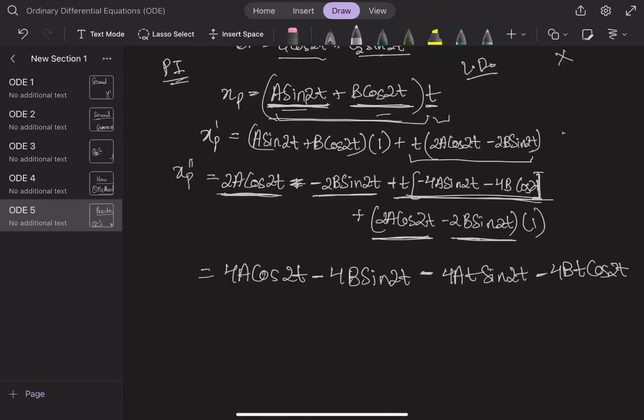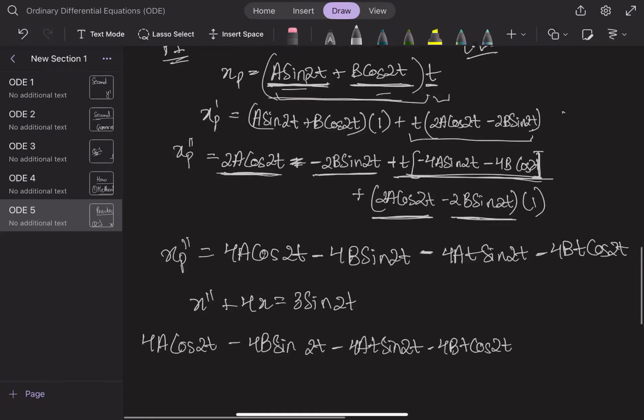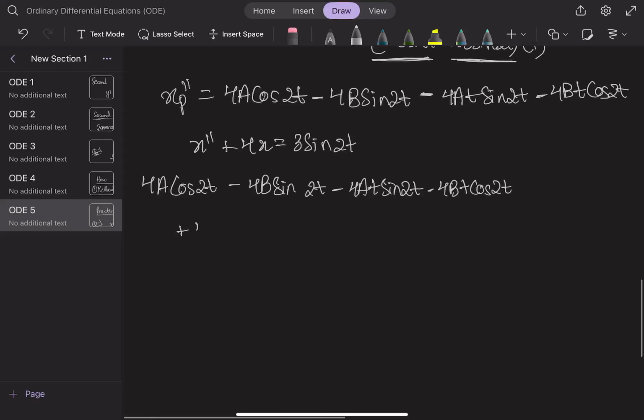Okay, now let's plug this into our original equation, which was x double dash plus 4x is equal to 3 sin 2t. So this is our x double dash. So 4a cos 2t minus 4b sin 2t minus 4at sin 2t minus 4bt cos 2t plus 4 times x.